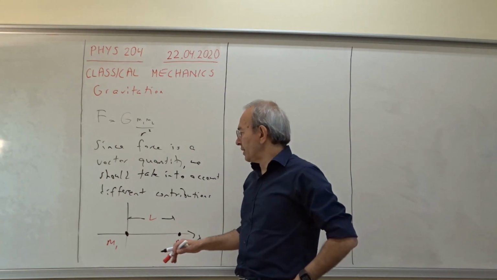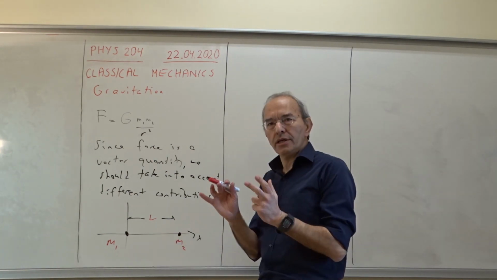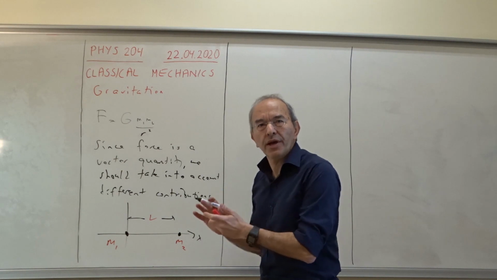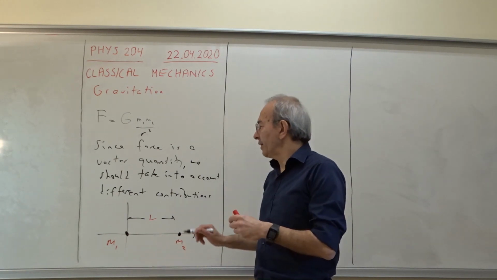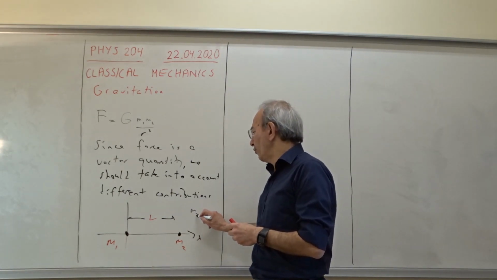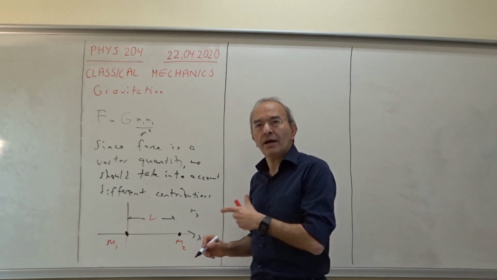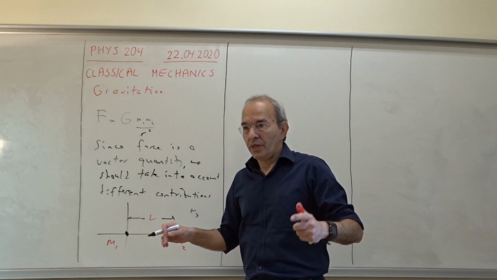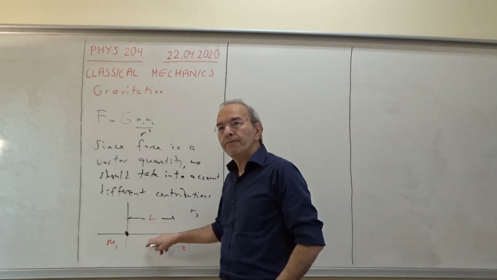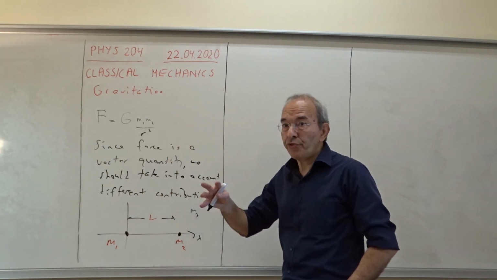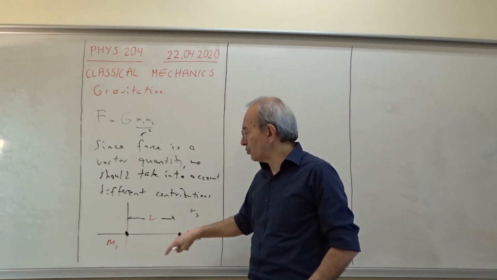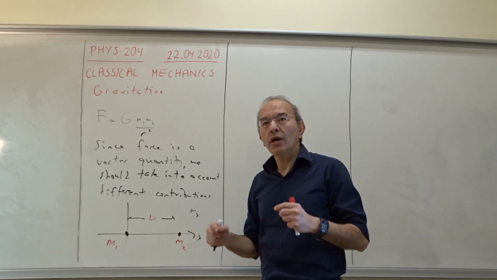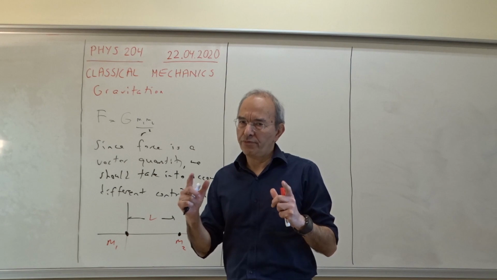In this simple case, there are two objects, and where should we put a third object, having mass M3, such that it can stay there forever? Of course, even before you put the third object, these two masses, M1 and M2, apply a force on each other.